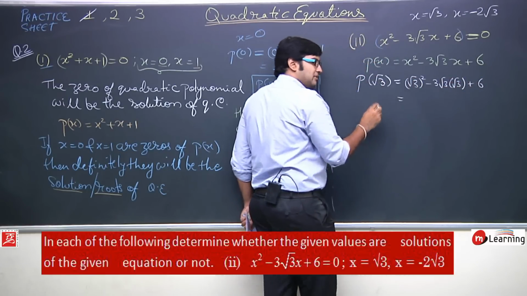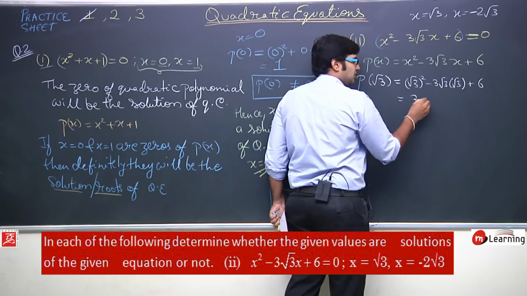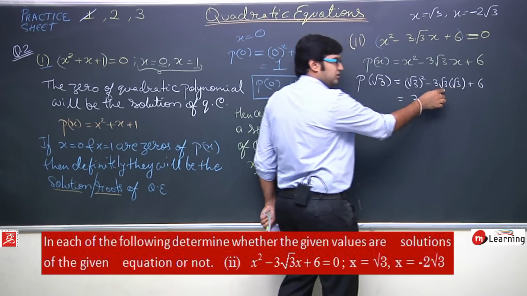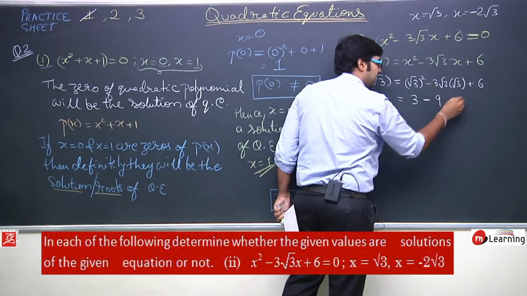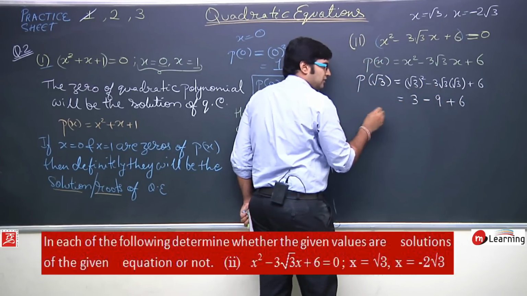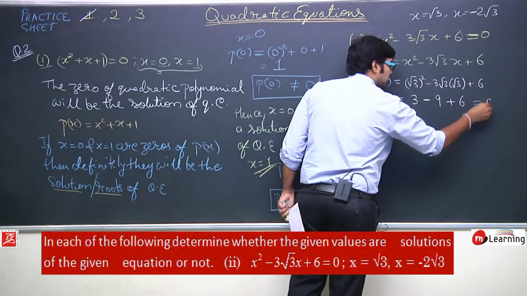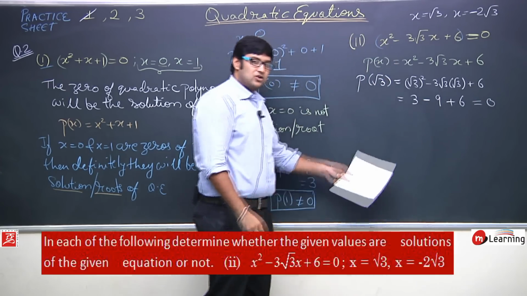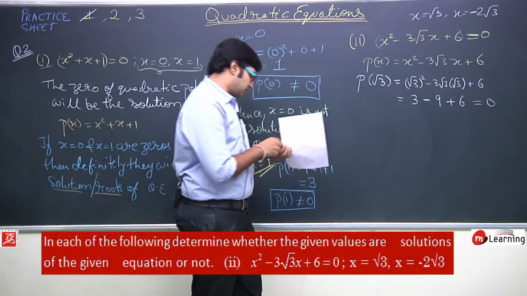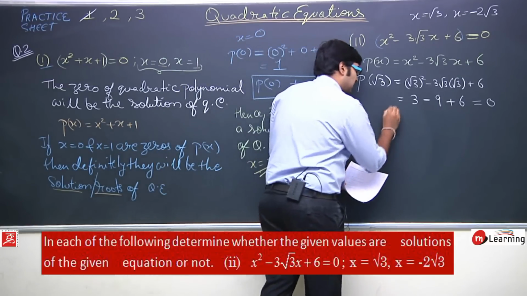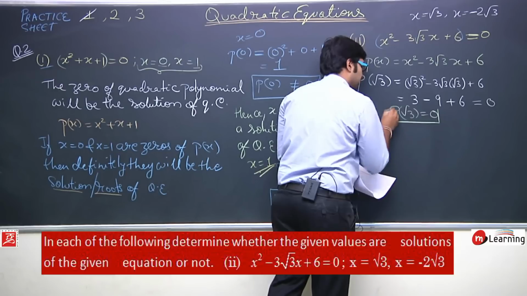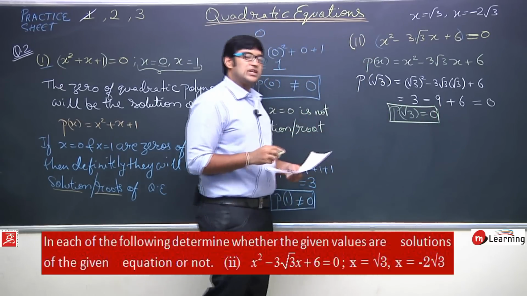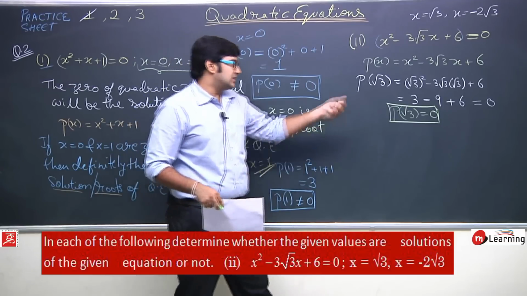Now root 3 square means root 3 into root 3 is 3, minus root 3 into root 3 is again 3, and 3 into 3 will give you 9, and plus 6, and you will find this is equal to 0. All these terms will get cancelled out, and you will say that p of root 3 is equal to 0.